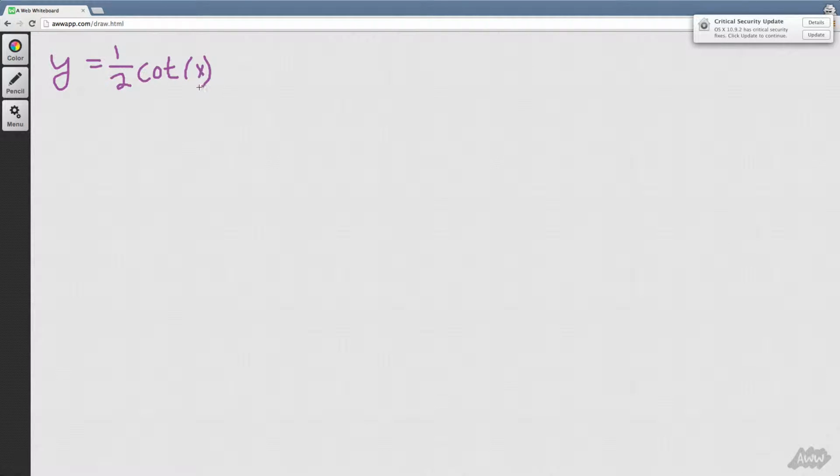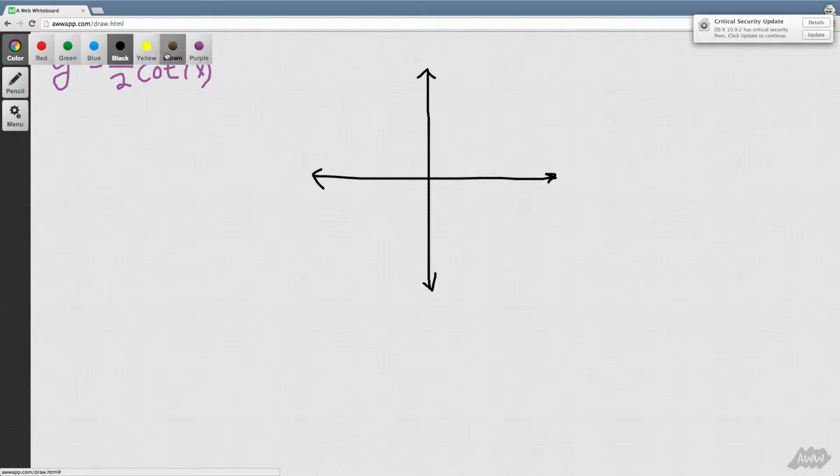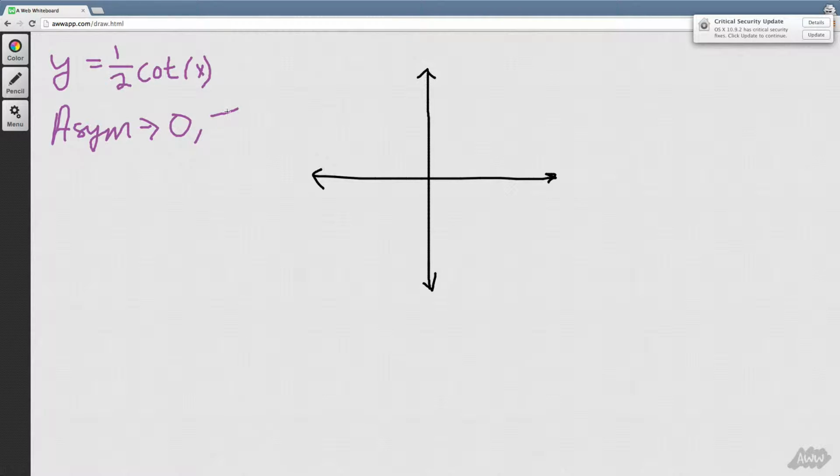So let's get graphing. Our asymptotes are 0 and pi.